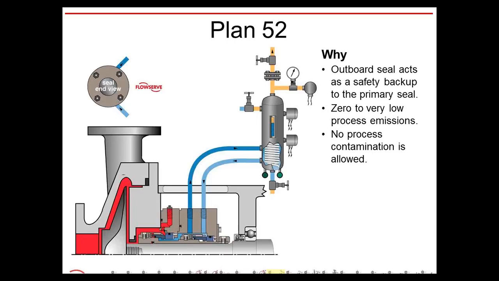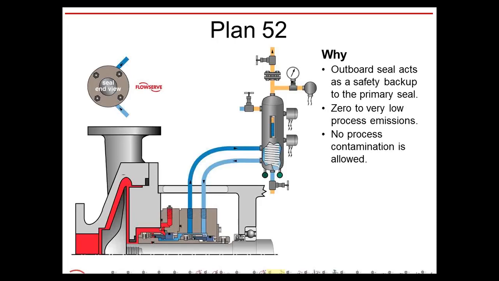If you have a dual system, and I'm not 100% positive about this in New York, and they might have changed the rule, but it used to be that if you had a dual system, you were exempt from the VOC readings because you had a collection device. That's also a key thing to understand about a flush plan system in case you were looking at an application with a pump that is currently on a VOC route. By going to a dual seal, you can eliminate that, especially if you've had problems with this pump getting written up for VOC repairs.